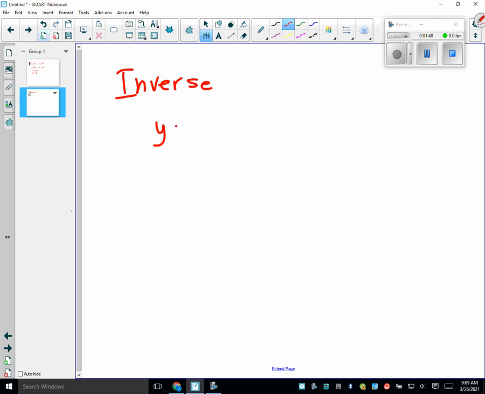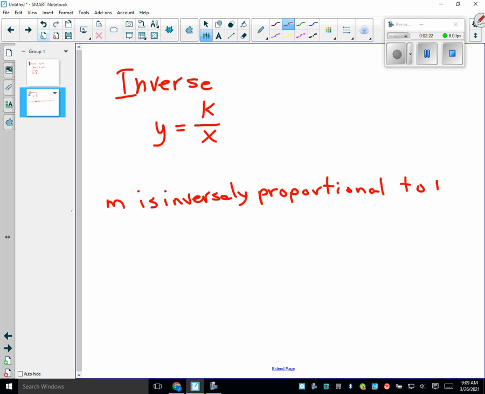Inverse is y equals k over x. And they don't have to use x and y. It's just like all year, we can use any letter. But if I tell you, for instance, m is inversely proportional to n.